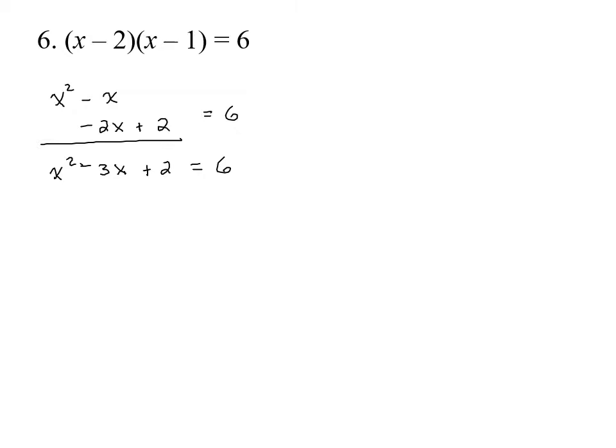That way I can subtract the 6 to the left-hand side and get x squared minus 3x minus 4 equals 0. So you got to get it equal to 0 first. Once that occurs, though, then we can do what we were doing a while ago. We then have to refactor it based on the fact that the 4 is negative.